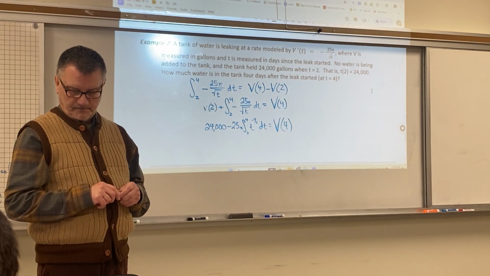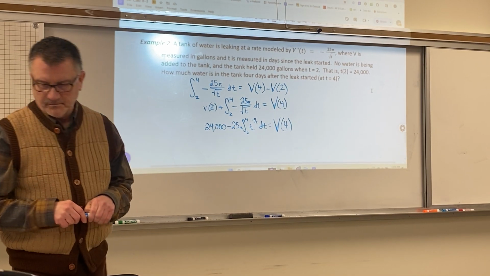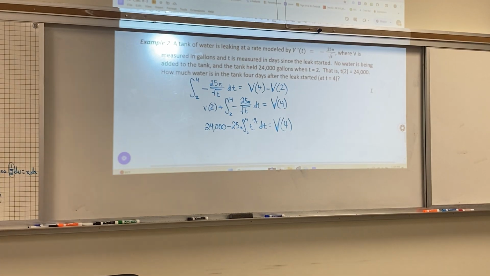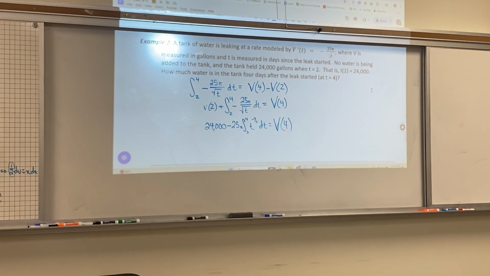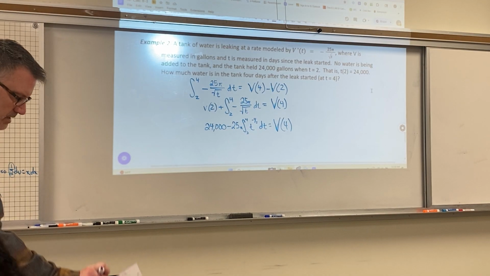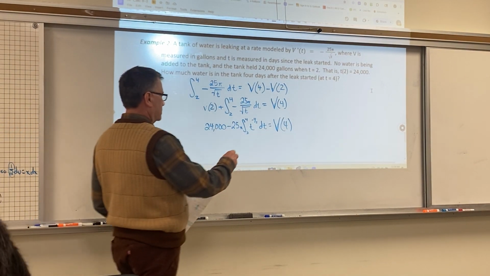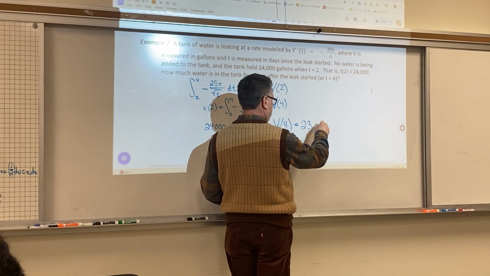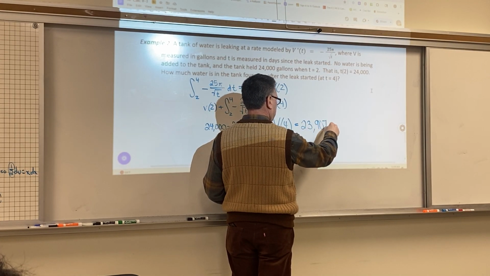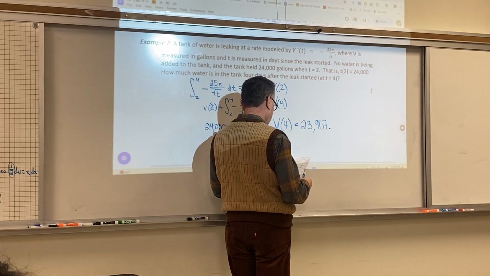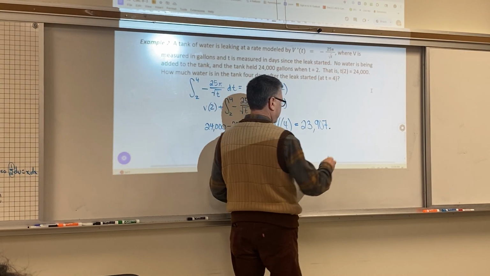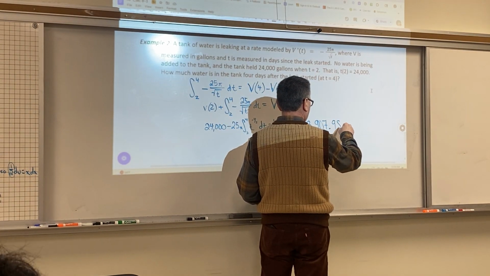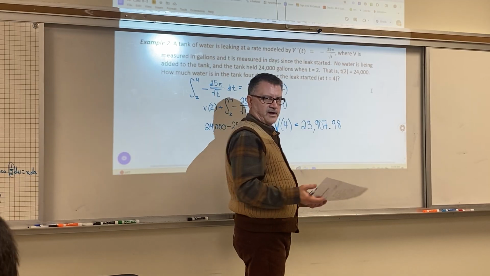What do we get? 23,907? 23,907 with a little bit extra. That's what I got. So that's going to equal 23,907. And they love their 3 decimal places, so I'll say 98. Did you get 9848?